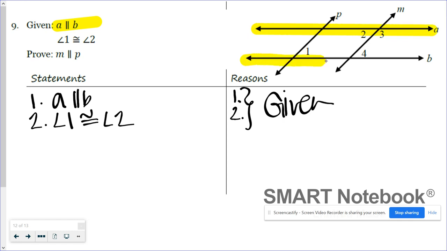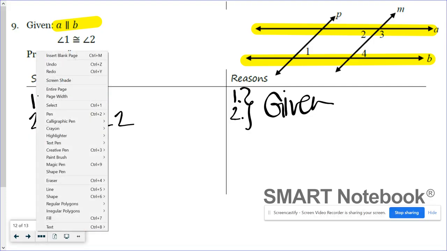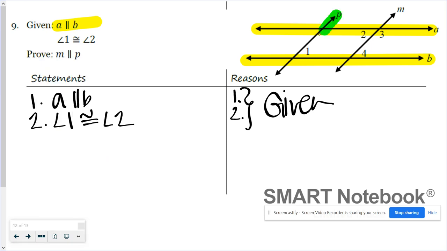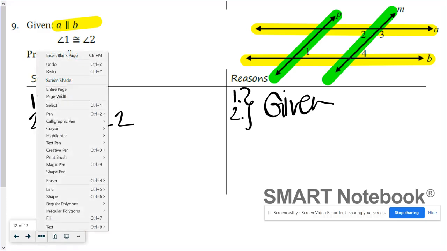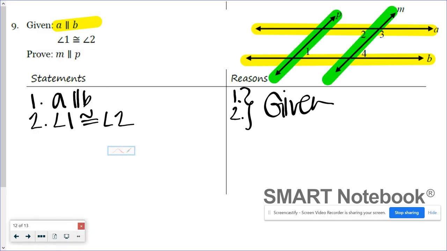And so that means there are quite a bit of postulates and theorems associated with parallel lines that I could totally use here. My goal is to prove M and P are parallel. So do you see 2 angles that we would use to do that?